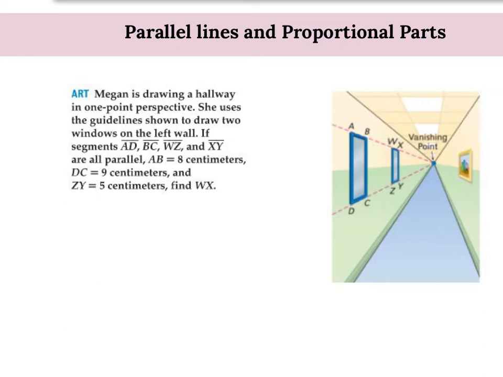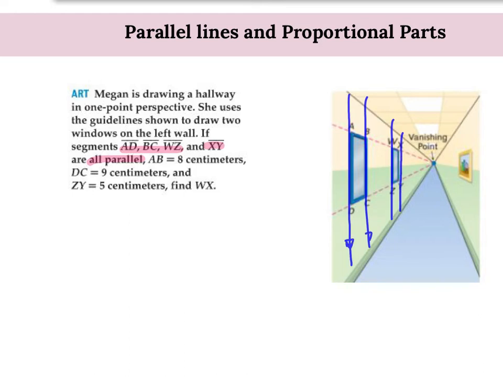Looking at my information given, I am told that AD, BC, WZ, and XY are all parallel. Okay, so let's make a little note of that. So we're going to draw my parallel lines through my picture. WZ and XY, they are all parallel.